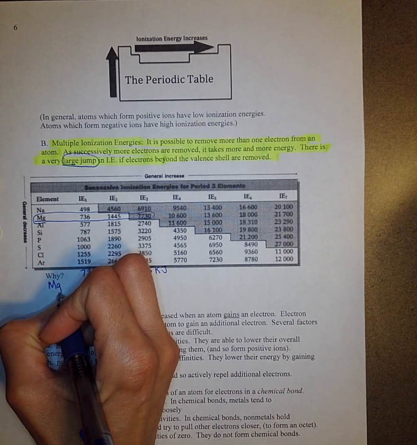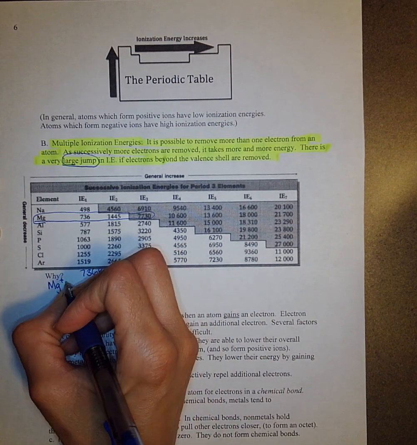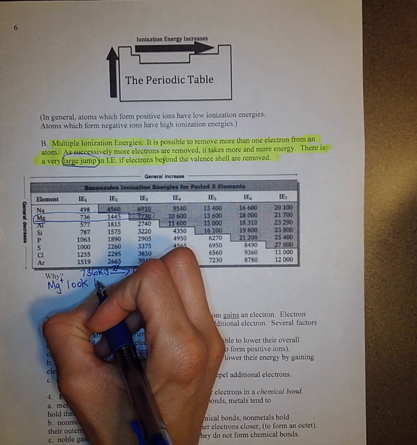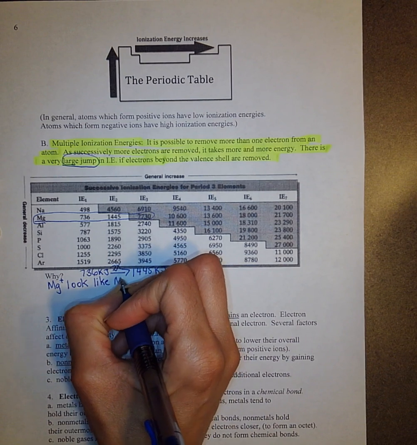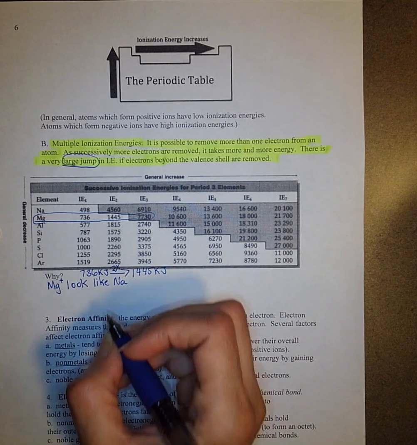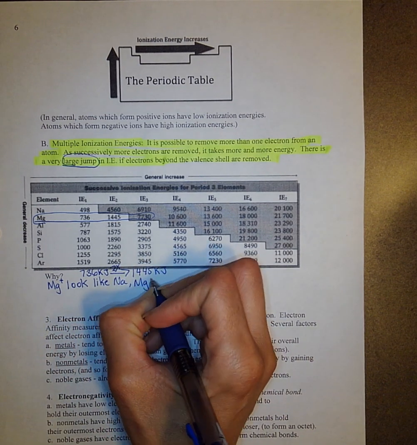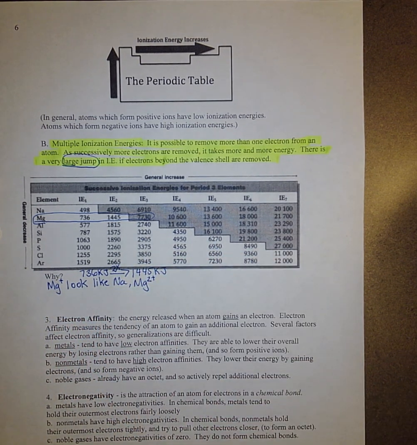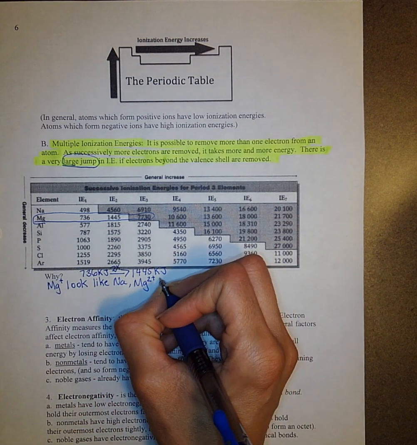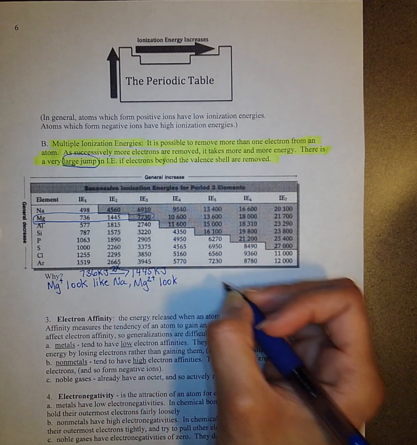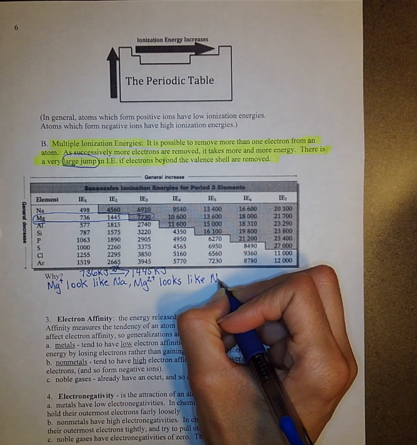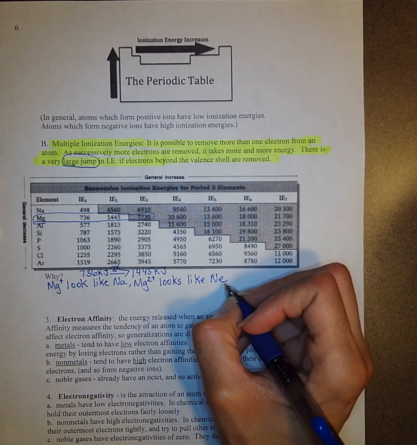So let's talk about this. When we remove that one electron from magnesium, the ion's electron configuration will look a lot like the neutral sodium atom's configuration. When we take away the second electron, now we have a magnesium 2+ ion, and this ion looks a lot like the electron configuration of neon.